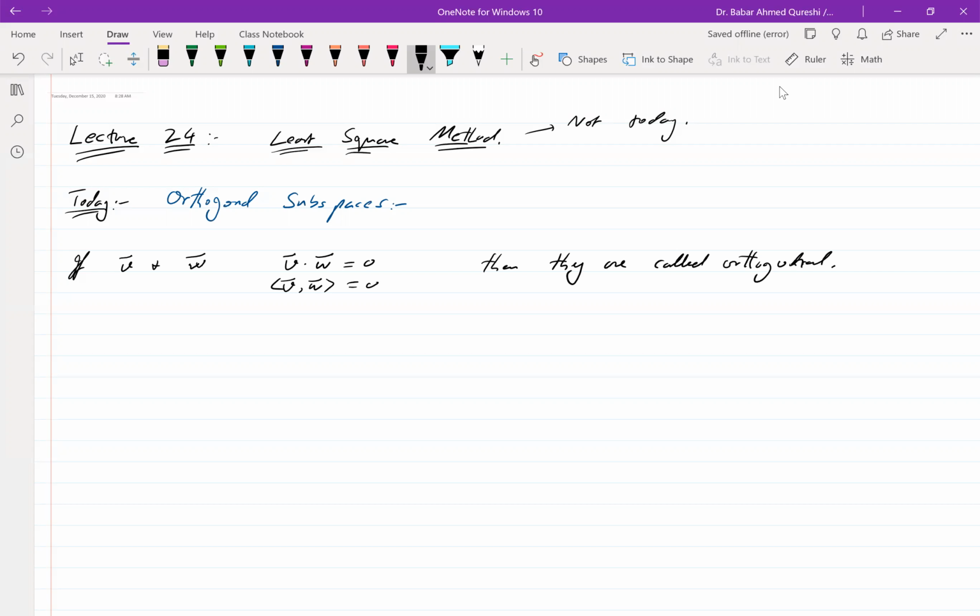And we know that we can define different kinds of scalar products depending on what space we are considering.